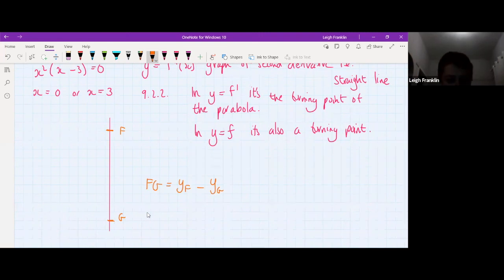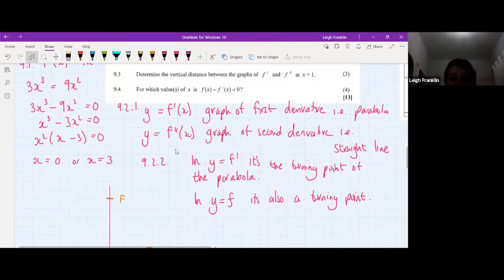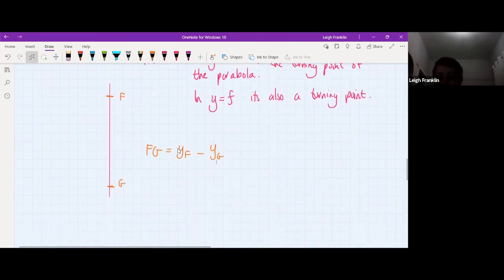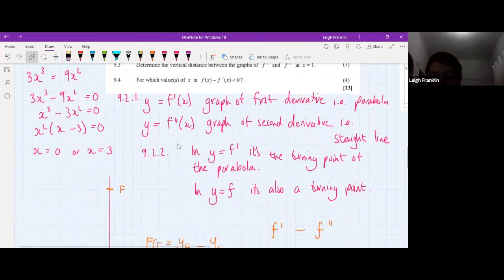Okay, so it's the same story here. If I want to know the length of the vertical line, I need to take f prime and subtract f double prime at the place where x is equal to 1. We know what f prime is, it's 9x squared.